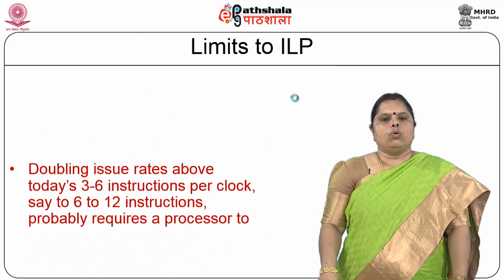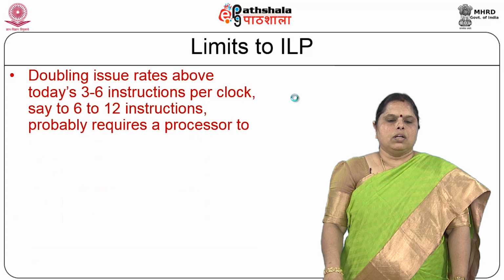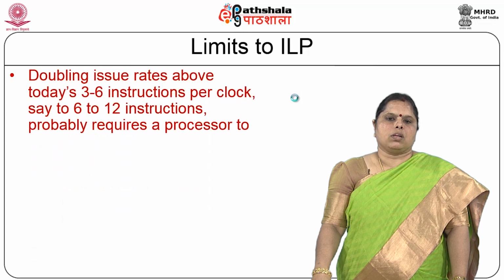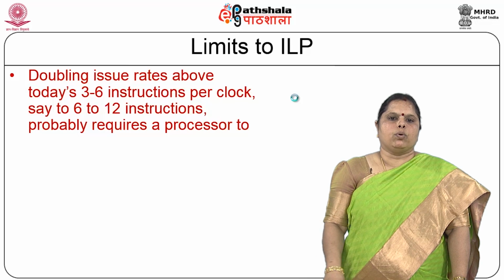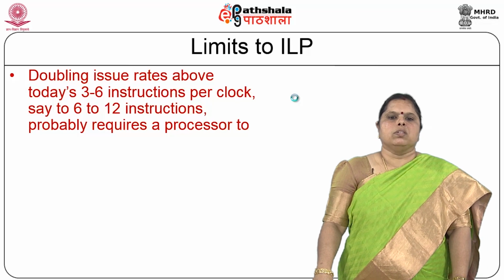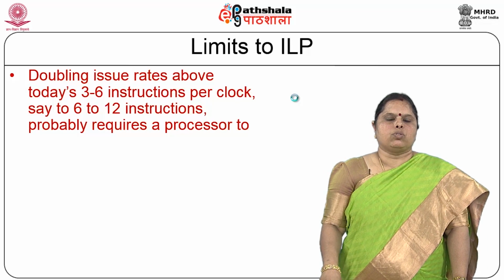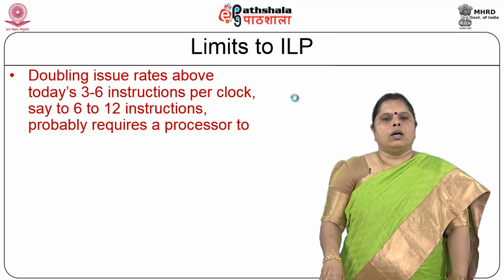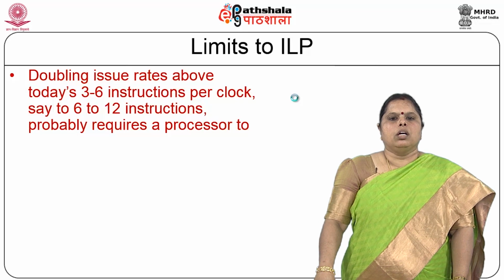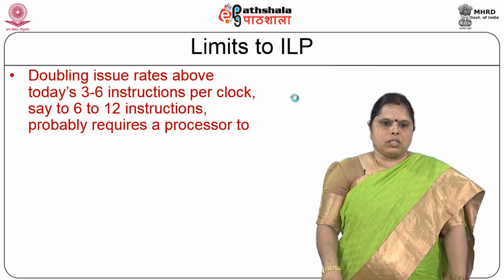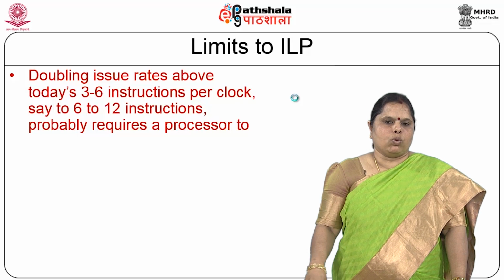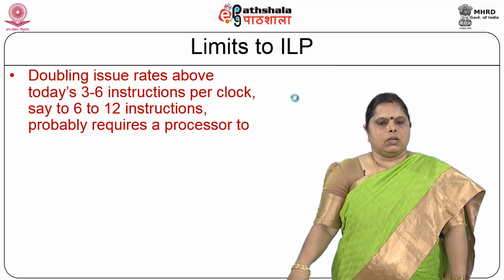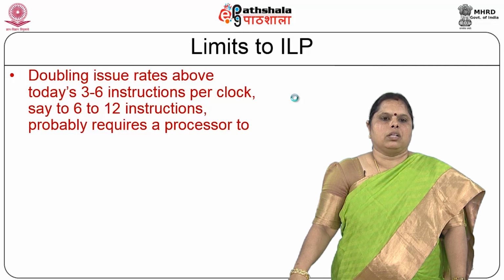Now, in spite of doing all this, there are a lot of limitations to instruction level parallelism. Even though you make your pipeline very deep and go in for multiple issue processors, there are a lot of limitations, taking into account the imperfection of the branch predictors. You may not have everything hit in the cache. You may have to go to main memory or the lower levels of caches to fetch information.